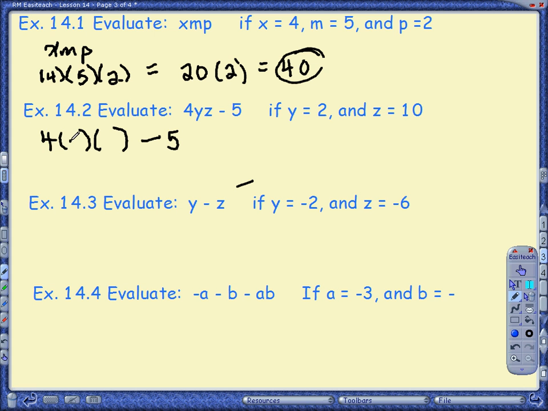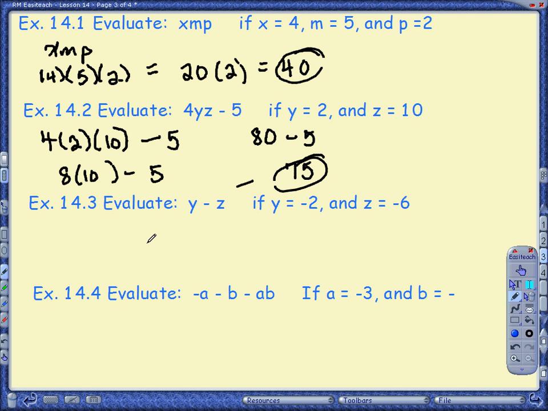The value of y is 2, the value of z is 10. We have 4 times 2, that equals 8, times 10 minus 5. 8 times 10 is 80, and minus 5 is 75. And that would be our answer.